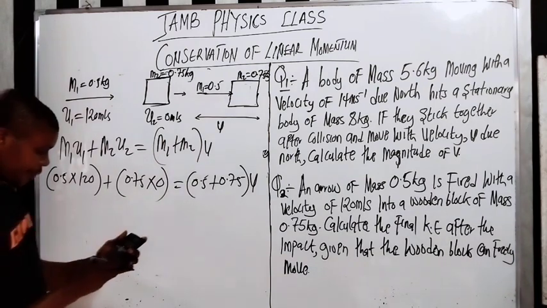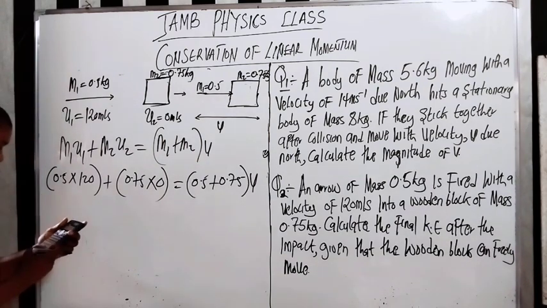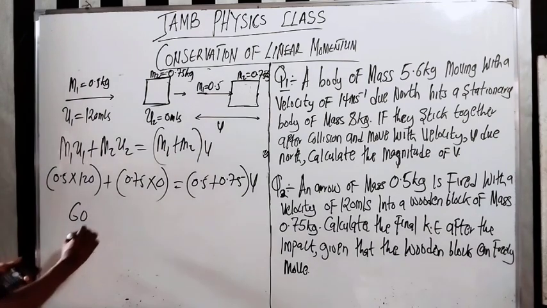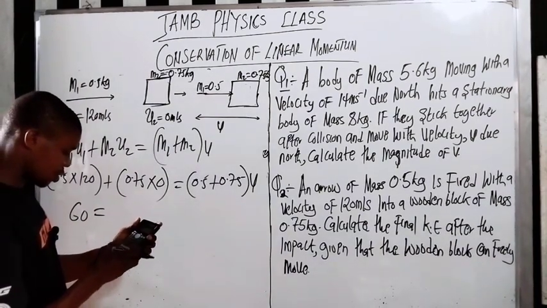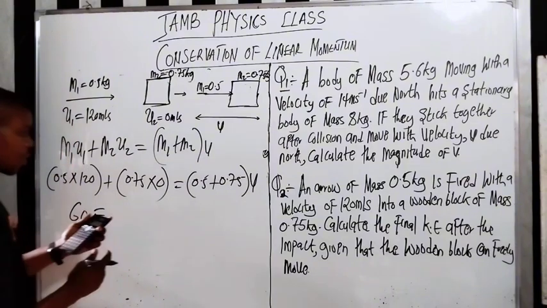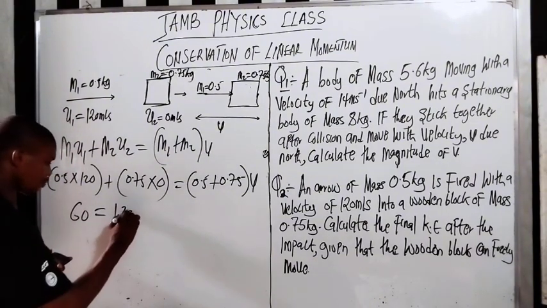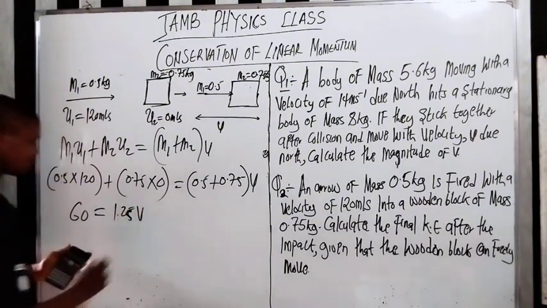So 0.5 times 120 gives 60, which equals 1.25 v.